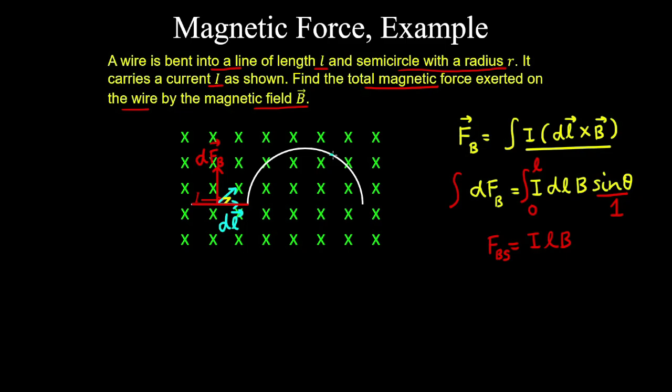Now if we take a differential length vector along this semicircle, being dl, the magnetic field vector at this point goes into the screen. So therefore the angle between these vectors is 90 degrees. And by the right hand rule, the differential force vector is going to be perpendicular to this semicircle at that point.